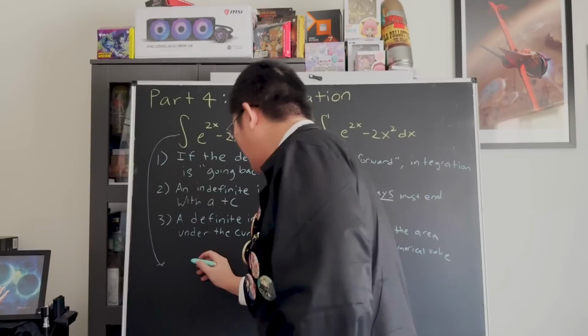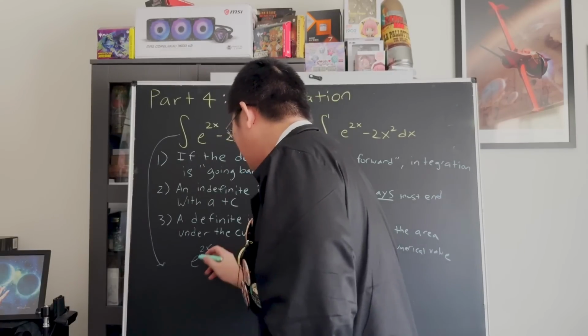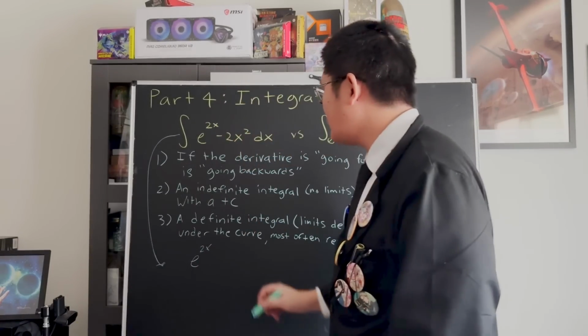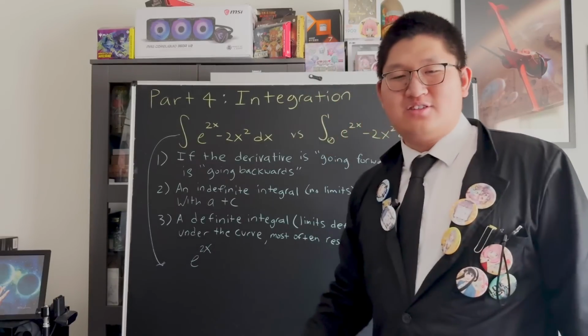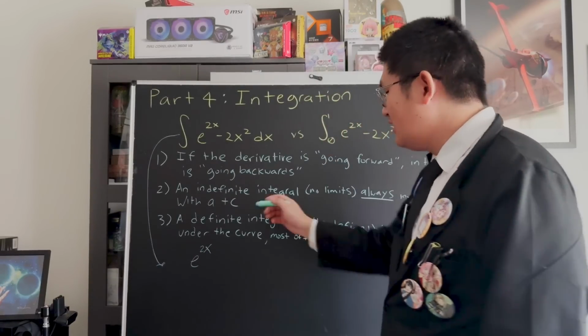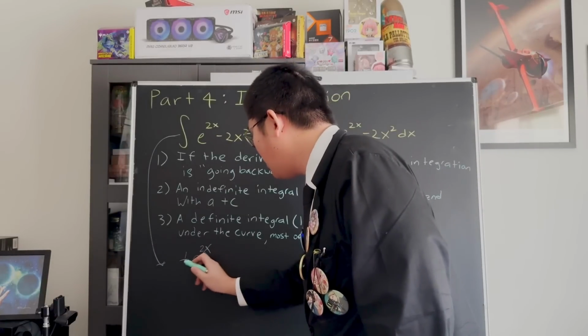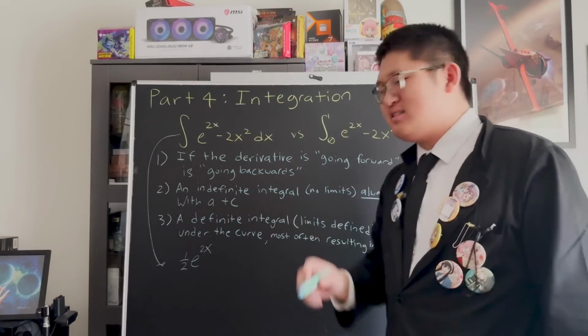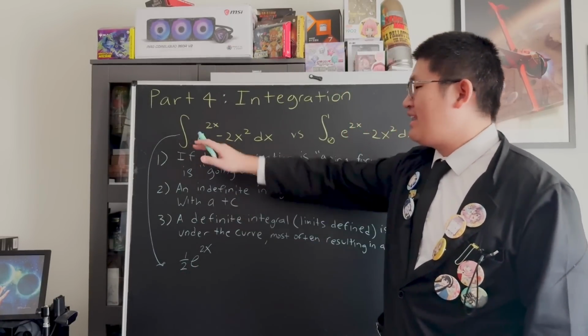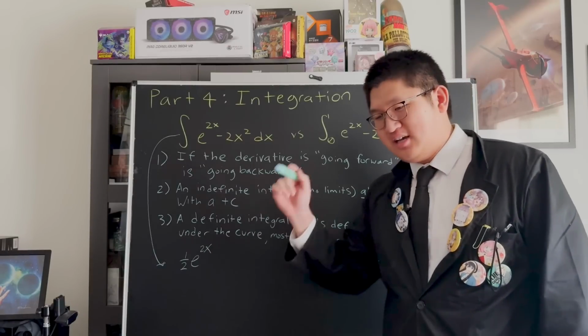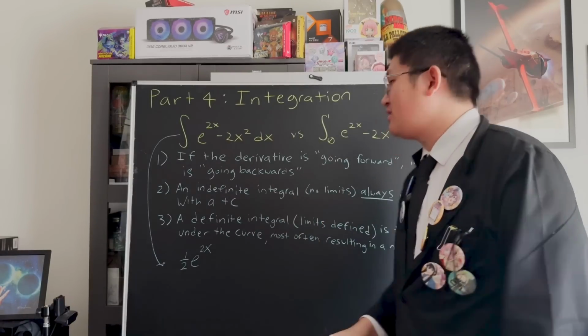So with e raised to 2x, we obviously still remember the exponential rule, that it will stay exactly the same. It's just that thanks to chain rule, we must account for the 2 coming down as a coefficient. So to counter that, we just throw in a 1 over 2 as a coefficient there, because if you took the derivative of 1/2 e to the 2x, that'll match exactly e to the 2x inside, making our check complete.